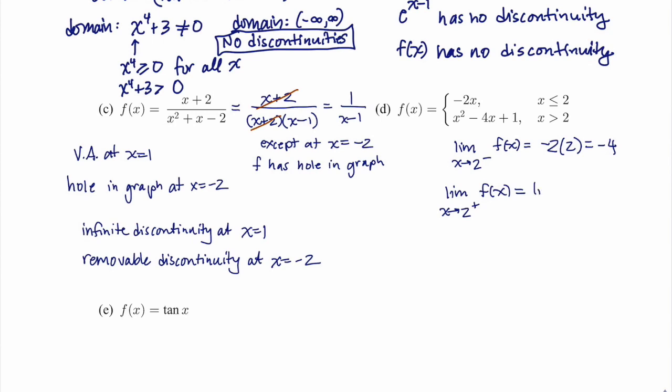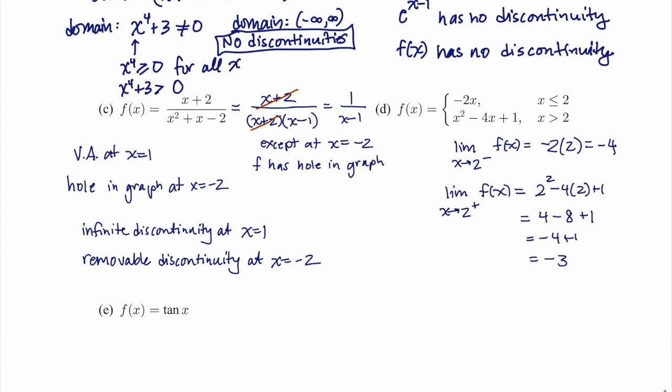I will just do direct substitution with the other branch, and that will be, let's see, 2 squared minus 4 times 2 plus 1. So 4 minus 8 plus 1, negative 4 plus 1, looks like negative 3.